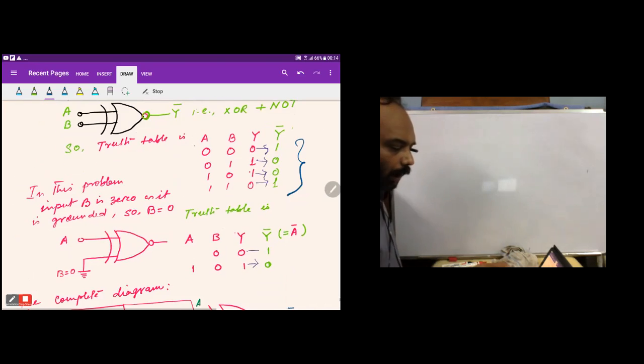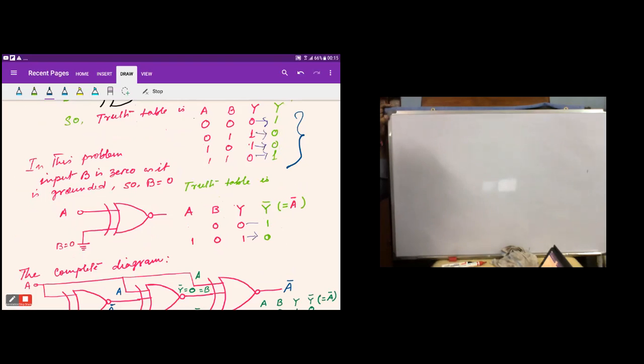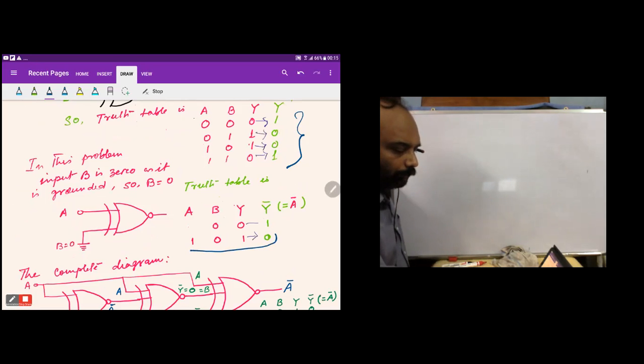So I can have the truth table: A 1, B 0 gives me 1, and Y bar will be my output, that will give me 0.